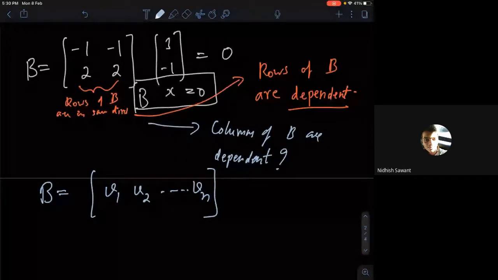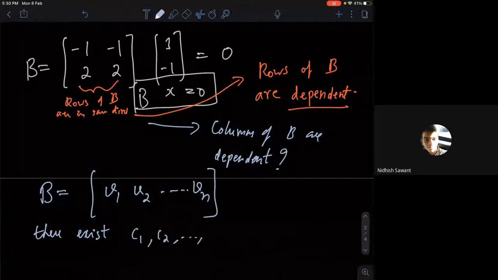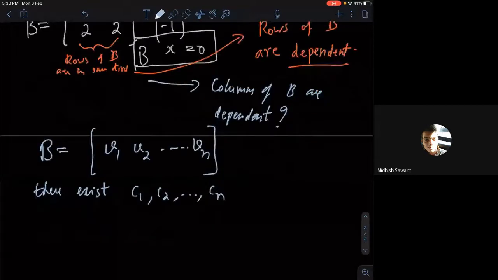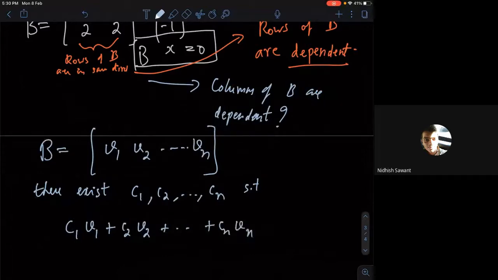It means there exist C1 to Cn such that C1 times V1 plus C2 times V2 and so on is 0.